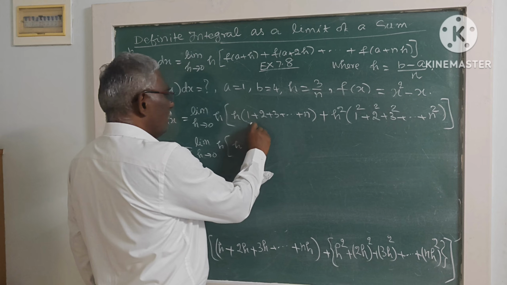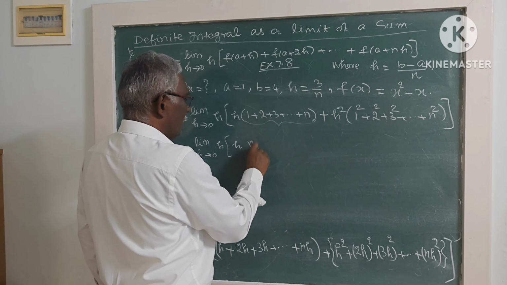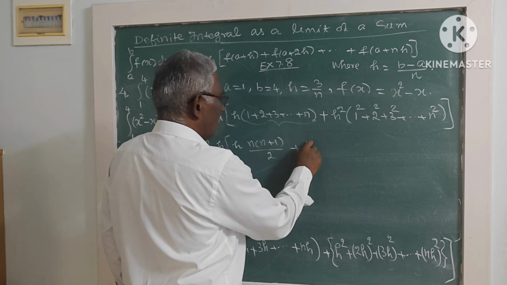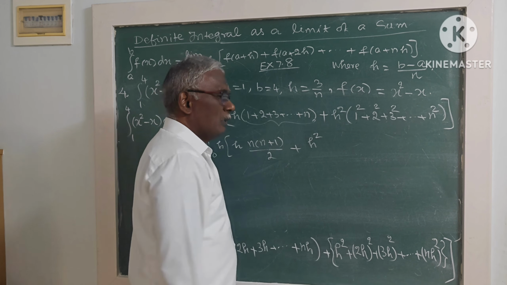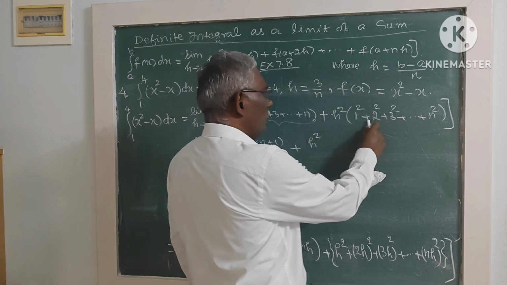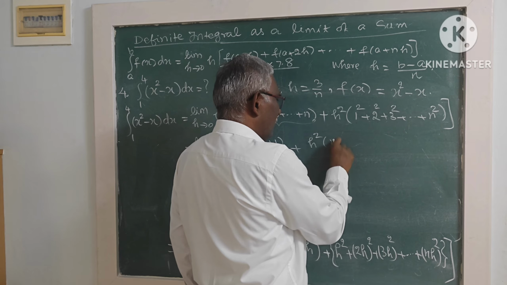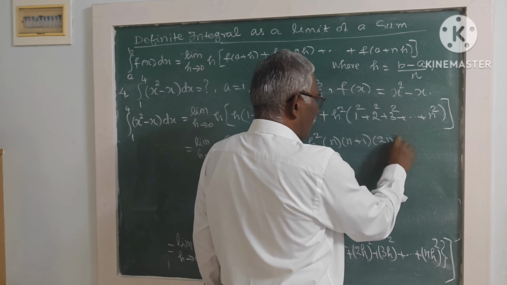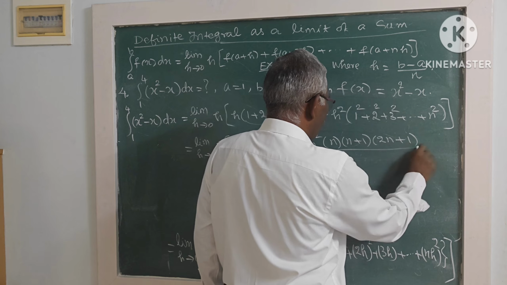We know that this value will be n into n plus 1 by 2, h square into, what is this value? n into n plus 1 into 2n plus 1 by 6.